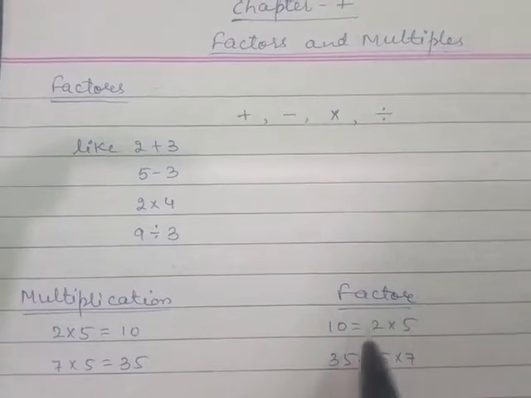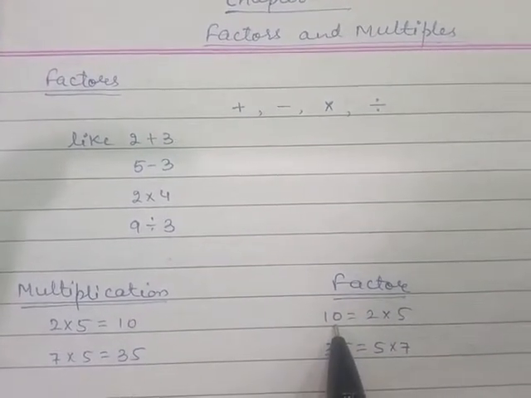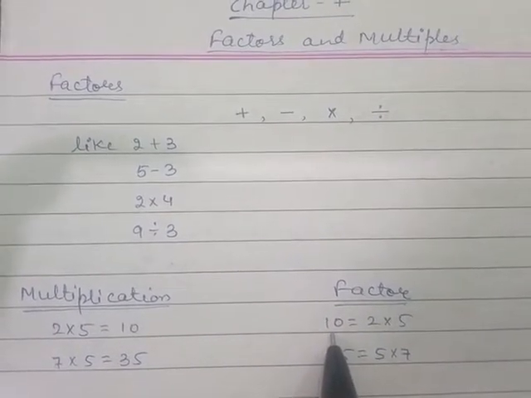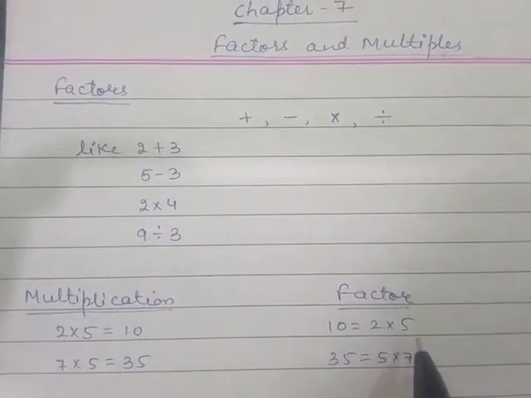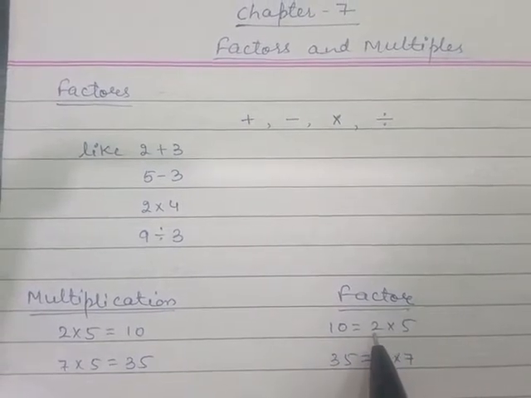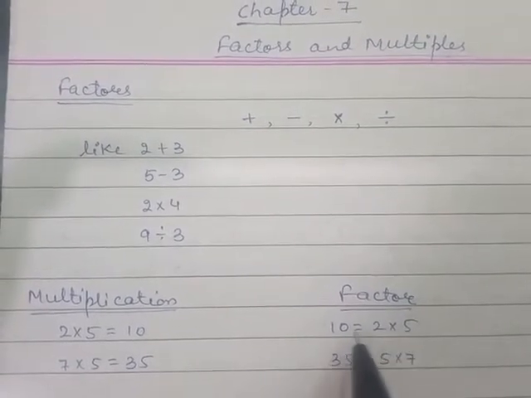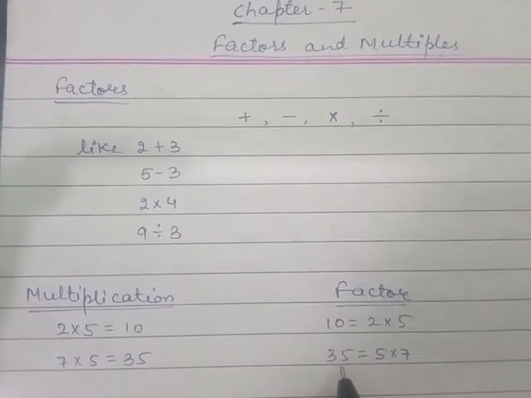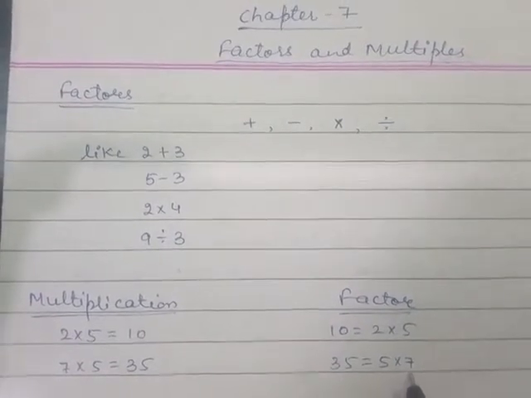When we find the factors of the same number 10, it will be the opposite of multiplication. 10 will be equal to the product of two numbers, and those numbers are 2 and 5. When we multiply them, we get 10. 2 fives are 10. In a similar way, second example, 35 is equal to 5 into 7.